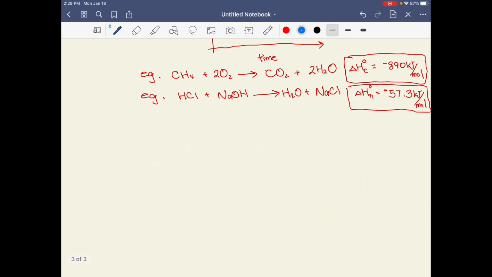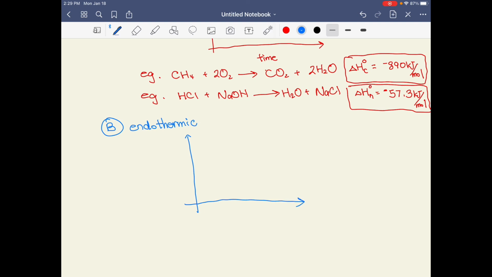Okay, B. Let me use blue. People say the color blue represents coldness, so it's perfect to illustrate an endothermic reaction. So let's look at the diagram right here.